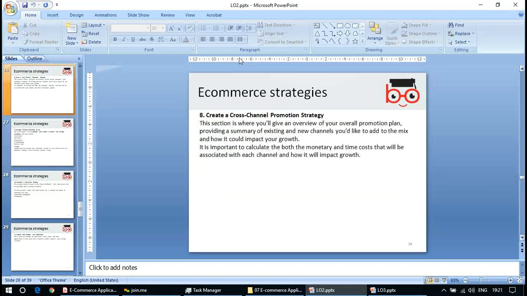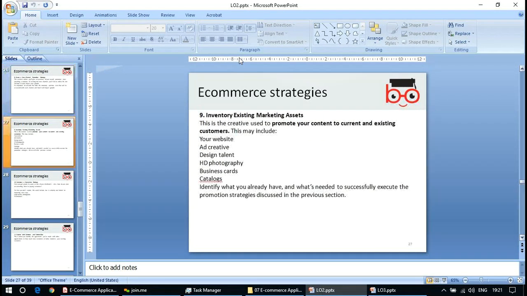So the cross-channel promotion strategy and existing marketing assets, you need to focus that whatever you have, you try to make it good, and in addition, you try to find the new channels.